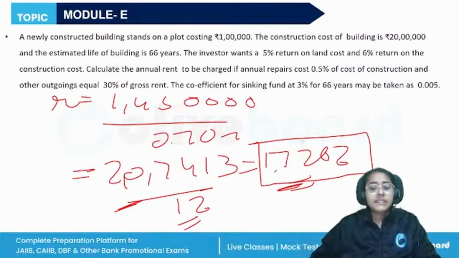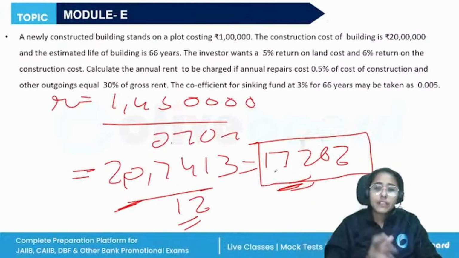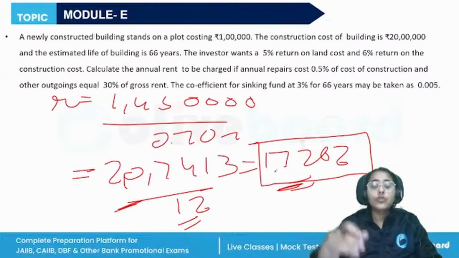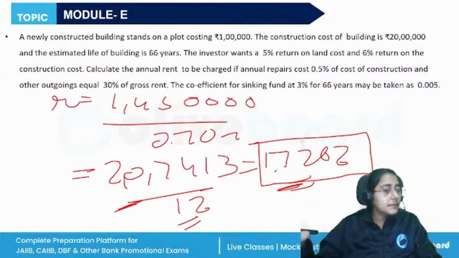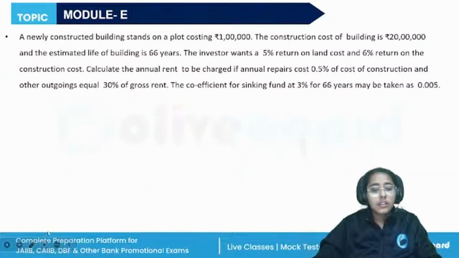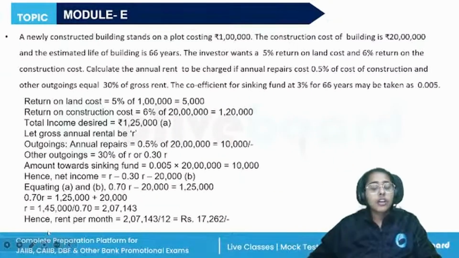Rent per month will be 17,262. Although this is a bit lengthy calculation, the calculations are very simple. All you need to remember is the concept. And I've also included the solution here. This is how we have solved everything.